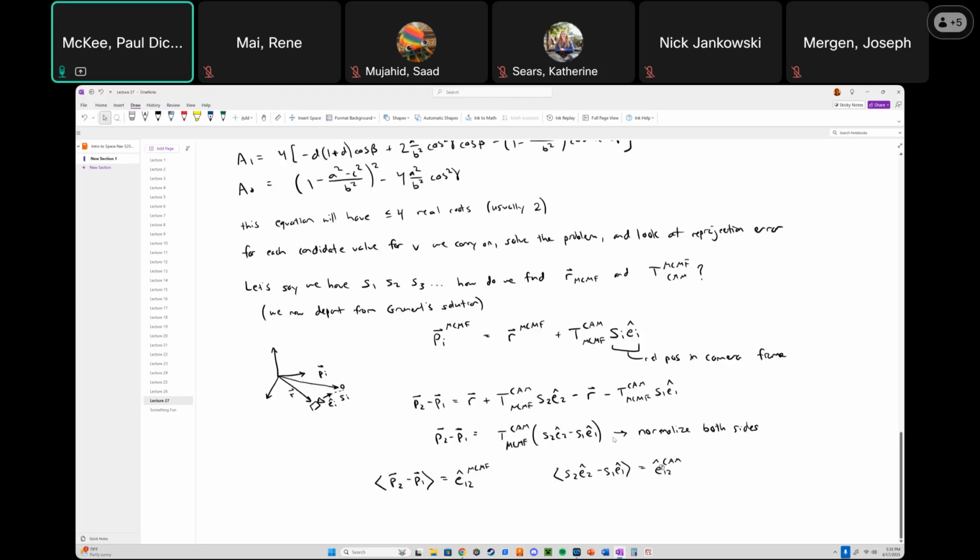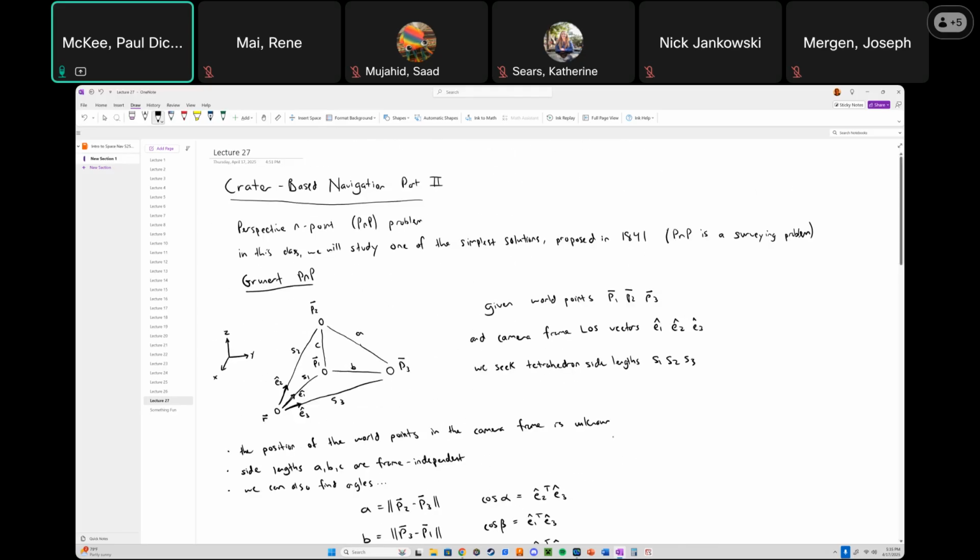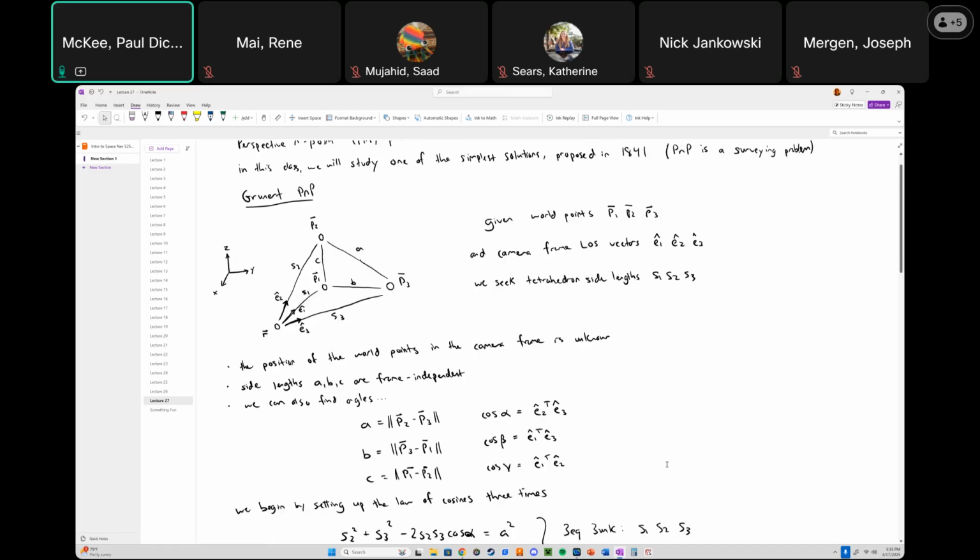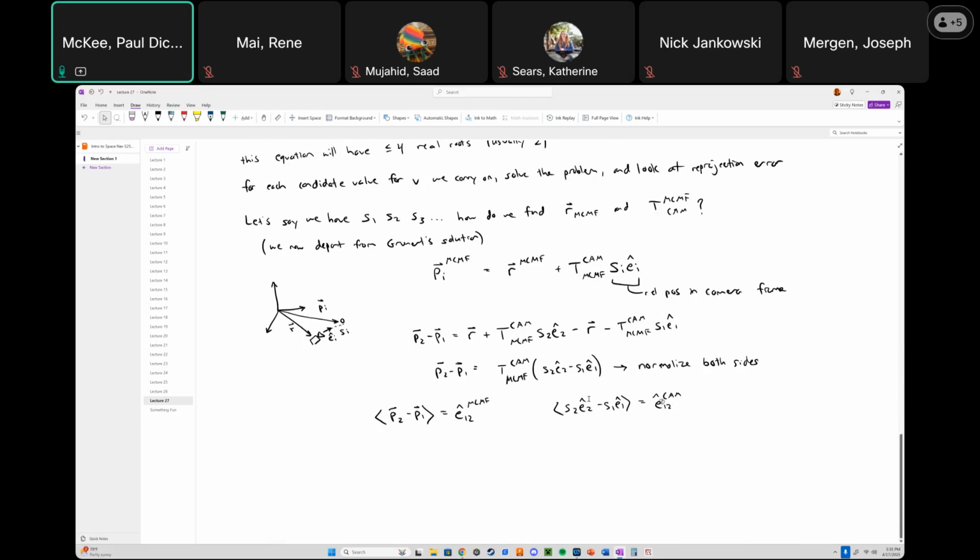So to be clear, we're talking about not the vectors from the observer to the points, but the vectors between the points. It's easy enough for us to find the direction vectors between the points. That's what we have on the left side of the equal sign. On the right side of the equal sign, we can find the direction vectors between the points in the camera frame. And maybe you see where we're going with this. So we could also say P3 minus P2 is equal to E23 MCMF, and then P1 minus P3 would be E31 MCMF.